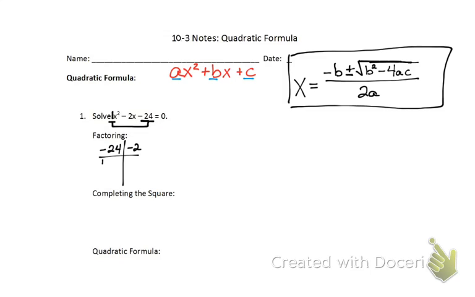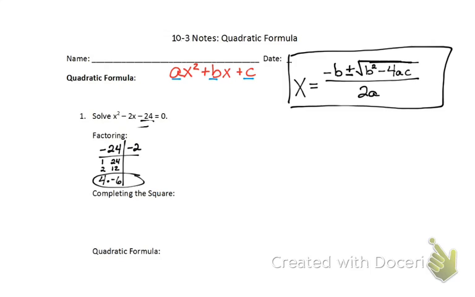After maybe checking a couple things like 1 and 24, 2 and 12, hopefully you figure out that it is 4 and negative 6 that works. So positive 4 and negative 6.